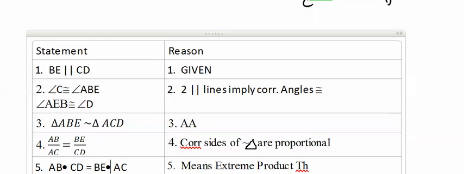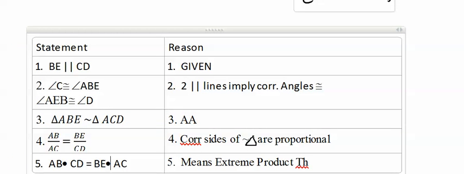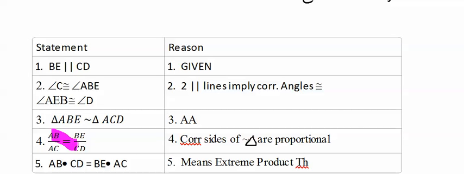And if we cross multiply, we see that AB times CD is equal to AC times BE, and that's because of the means extremes product theorem that we learned a few sections ago.